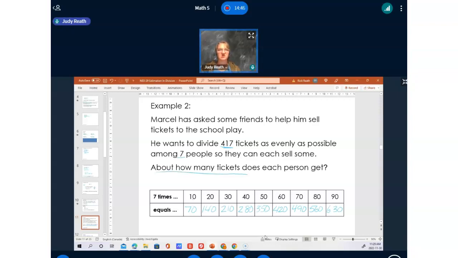Which number is closest to 417? We've got it right here, right? 420 is close. So 7 times 60 would be 420. So each person would get about 60 tickets. So that would be close.